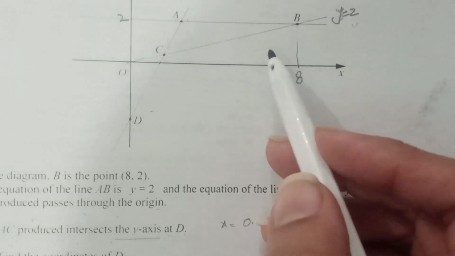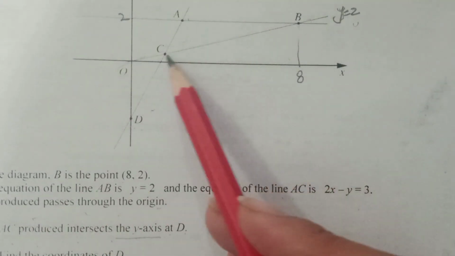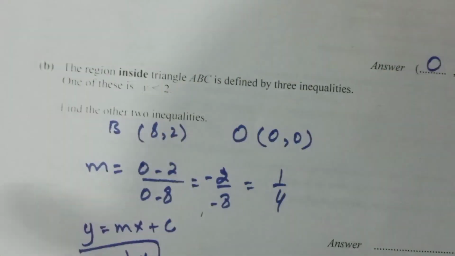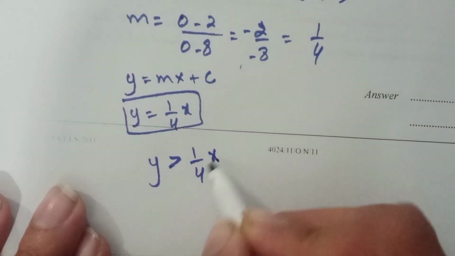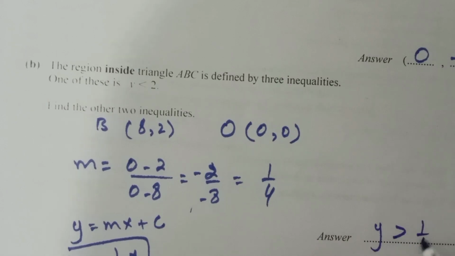And it means the triangle's values lie above in this portion. That's why we write this inequality like that. y is greater than 1 by 4 x is one part of the answer.